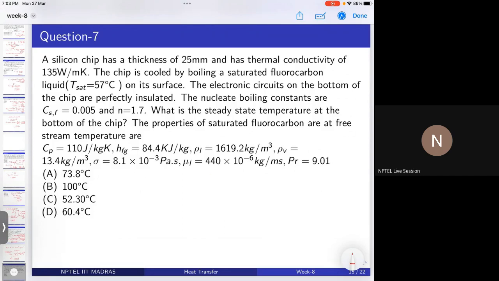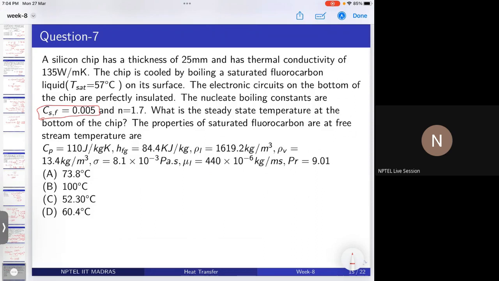That's why they incorporated this. I already told in the last class what this C_sf is. That is the surface-fluid property, it represents the fluid-surface combination.